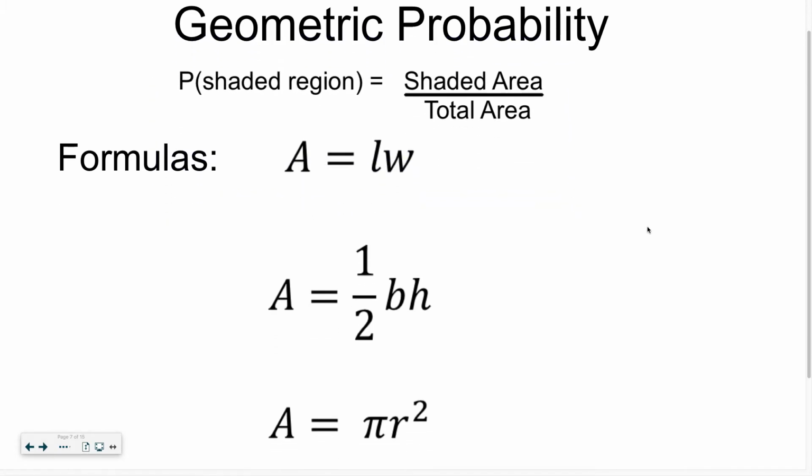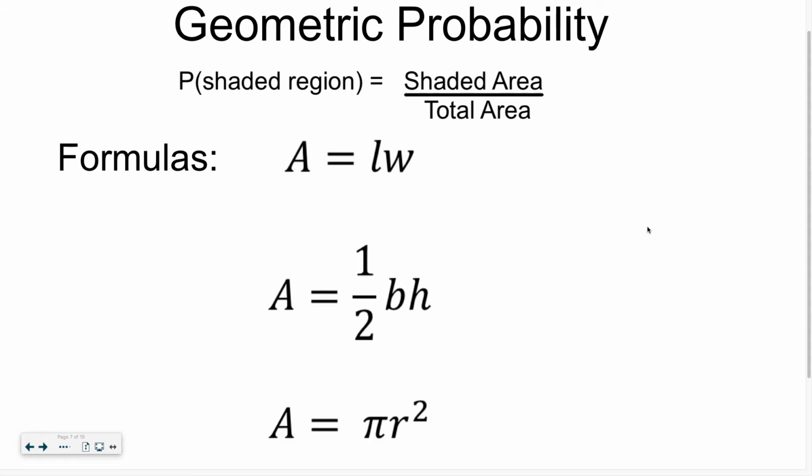Geometric probabilities are probabilities where most likely you're comparing areas. You could do probabilities of lengths, but most of the time it's going to be areas. So it's talking about a shaded region over a total area, or a non-shaded region over the total area.